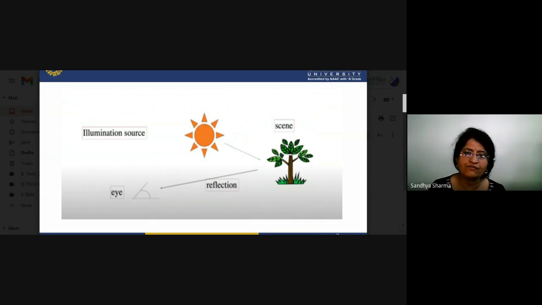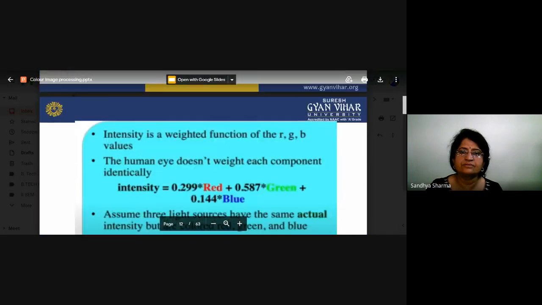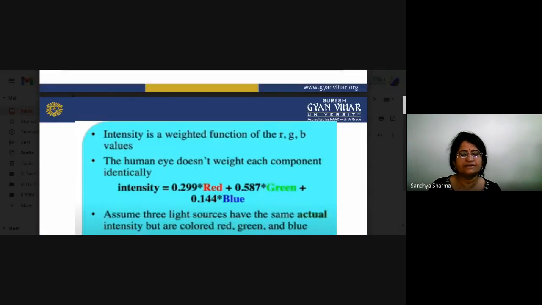Since the property of the tree is that it will reflect the green color and absorb all other colors, that tree will appear as a green shade. That is the reason why we see any type of color in that particular part.